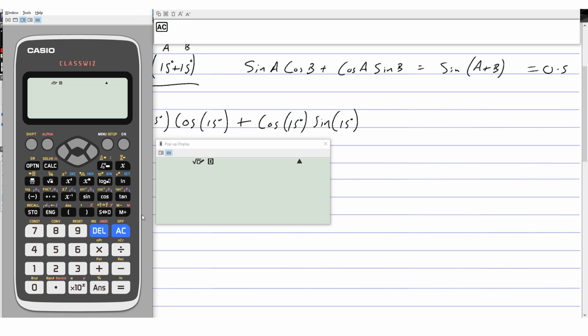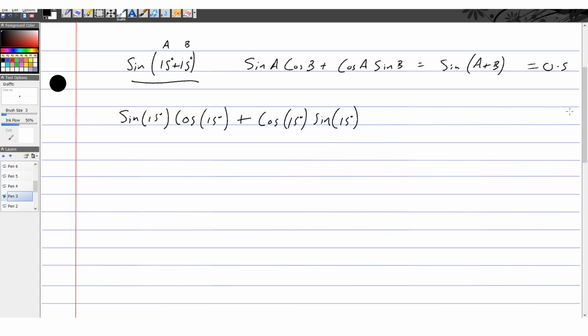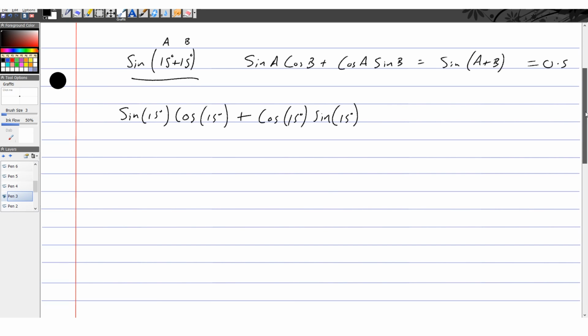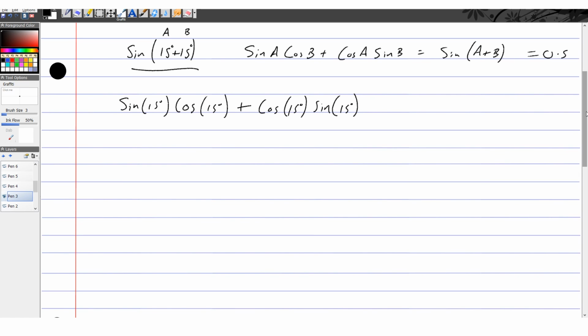So it certainly works, but in this case the two angles were the same, so it's not very often you'll get that example. So we'll do another one.